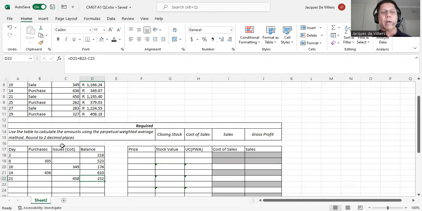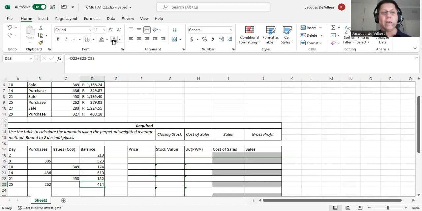Now, every time we make a sale, we see that it's way more than 152, and we don't want to be caught out. So soon after that, on the 25th, maybe after the weekend, don't know, we purchase an additional number of units. In this case, we purchased 262 new units, and that gives us a new balance of 414 units in our warehouse.